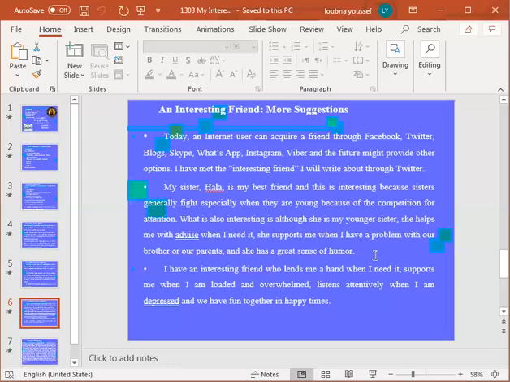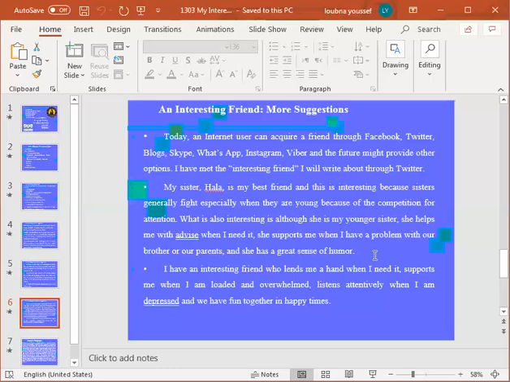Now, here is another suggestion. I have an interesting friend who lends me a hand when I need it, supports me when I am loaded and overwhelmed, listens attentively when I am depressed, and we have fun together in happy times. Now, here again, we have 4 controlling ideas, all right?